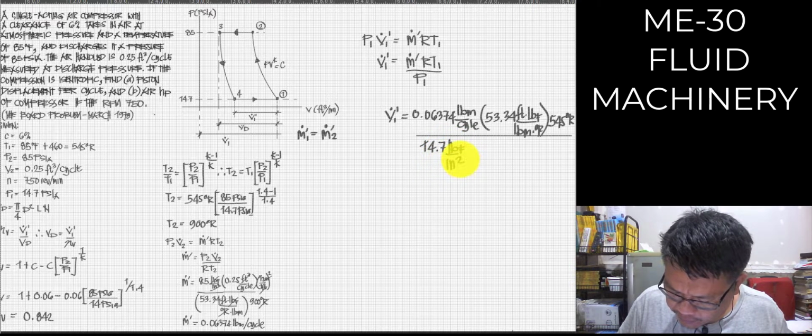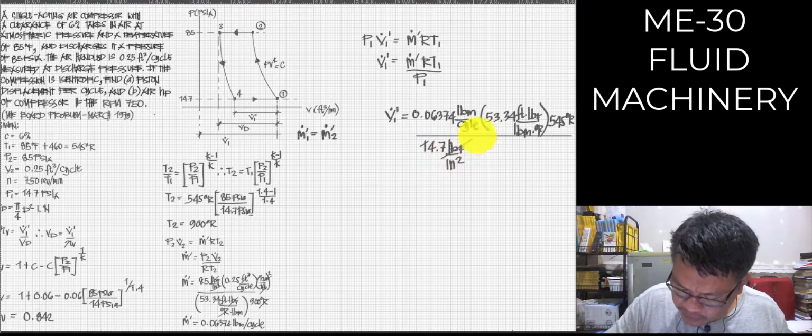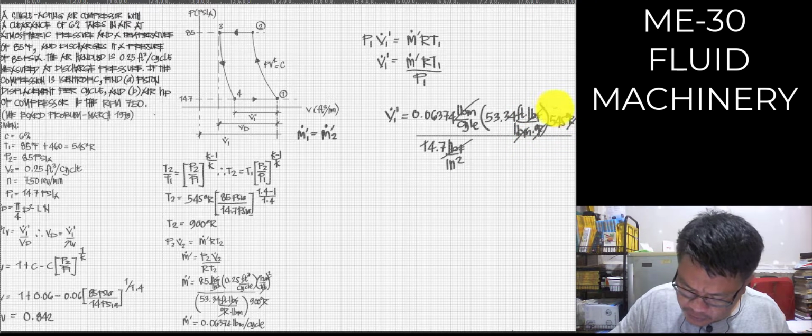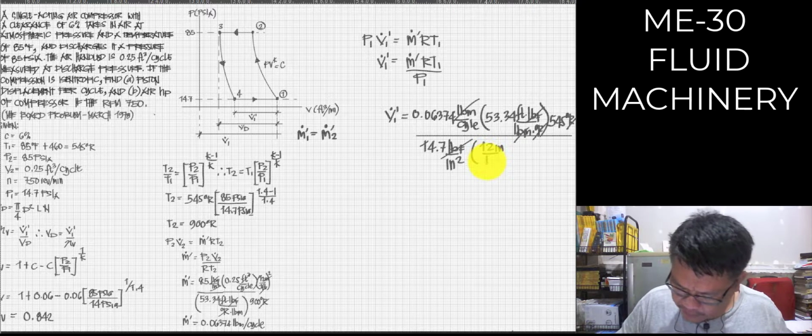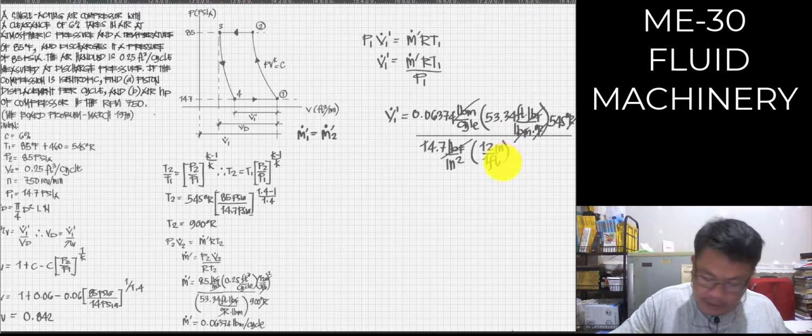Okay, so again, check the units. Let's cancel these: the pound force will be removed, the pound mass and also the Rankine will be removed. Now for our square inch, we need to convert it again: 12 inches divided by 1 foot, squared.